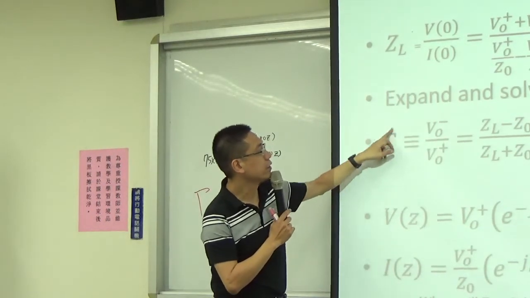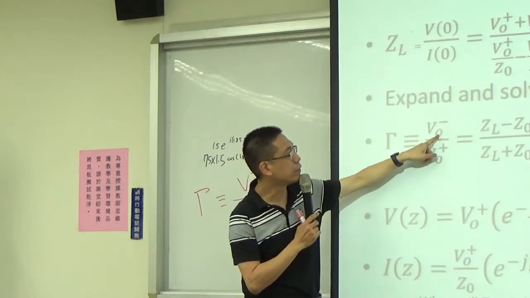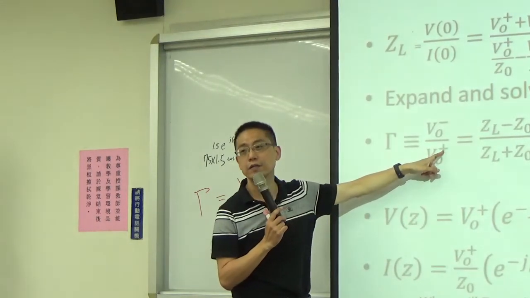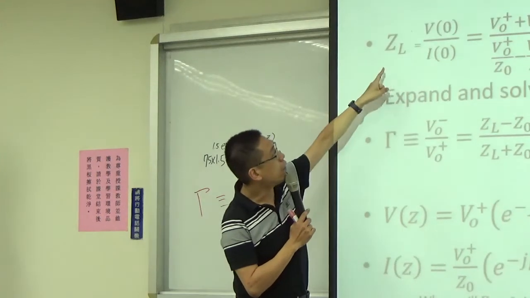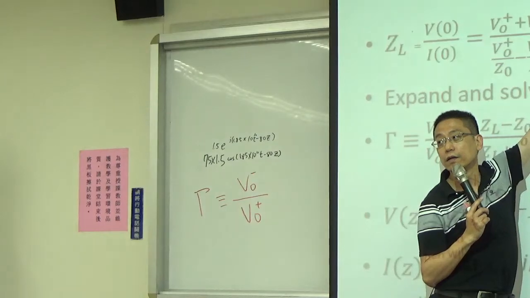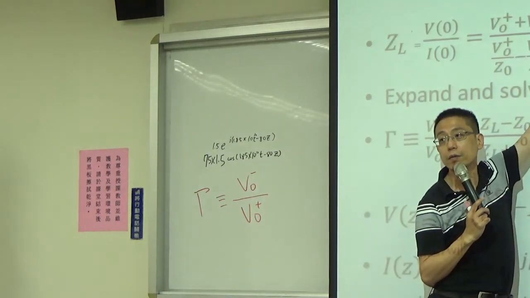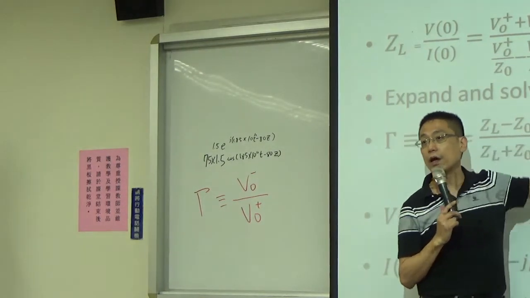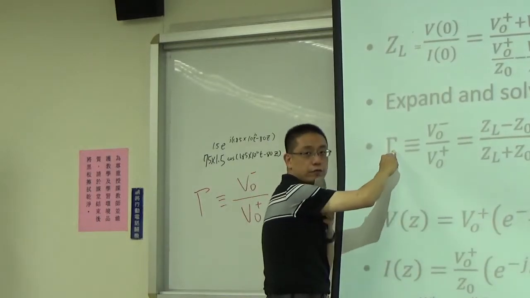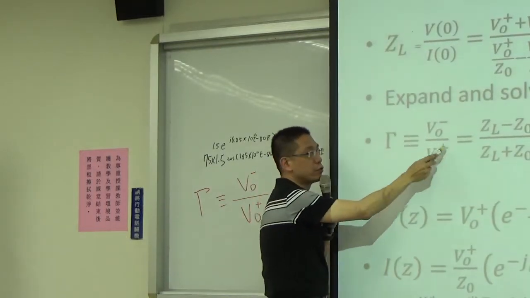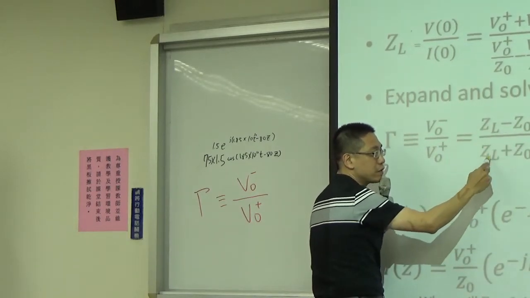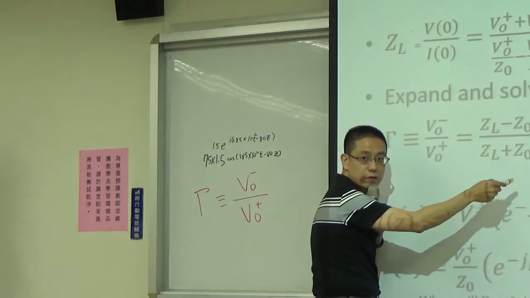If this one equals V minus over V0 positive, you reorganize this term. Okay, you can use the same equation. You can obtain this one, the reflection coefficient equals ZL minus Z0 over ZL plus Z0.